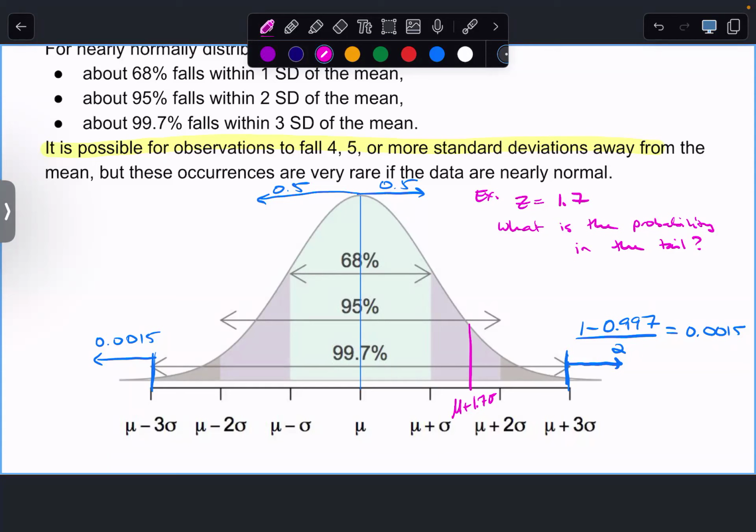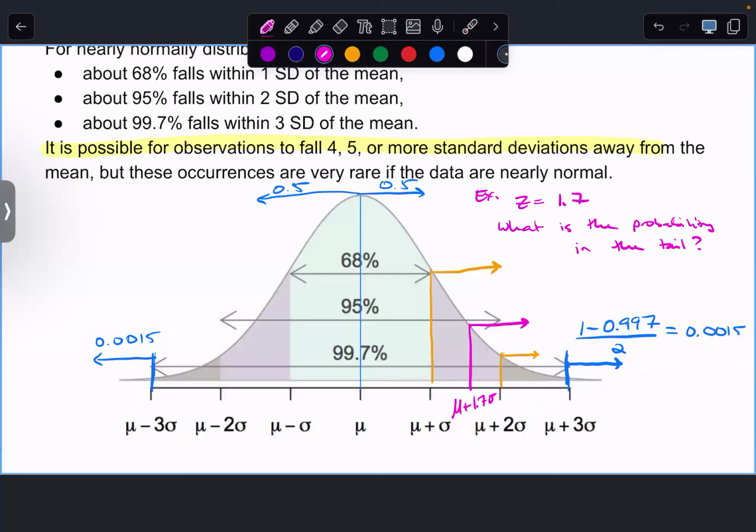I can do the same thing as we were doing before. I can find this tail and this tail, and then my probability is somewhere between those two. How do I find each of those tail areas? Let's start with this top one here. It's only the central 68%, right? So 1 minus 0.68, and then I have to split that evenly amongst the tails because it has to be symmetric still.